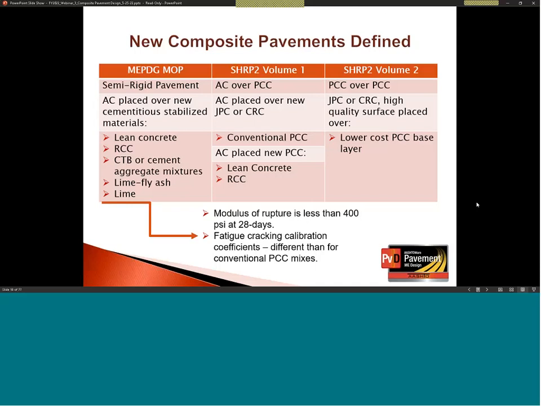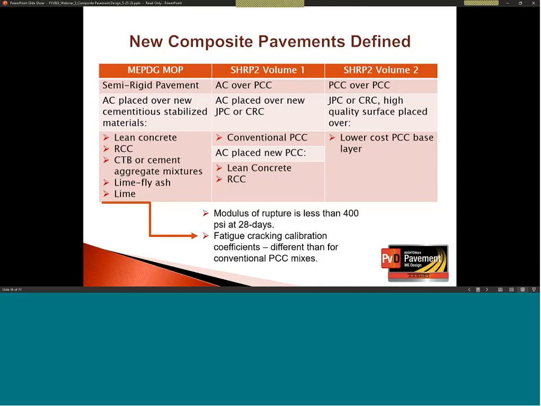It does include fatigue cracking predictions of that cementitious stabilized layer, but those fatigue transfer functions are different than the conventional PCC mixes that are used in the Sharp 2 Volume 1 and/or Volume 2 reports for those types of new composite pavements.